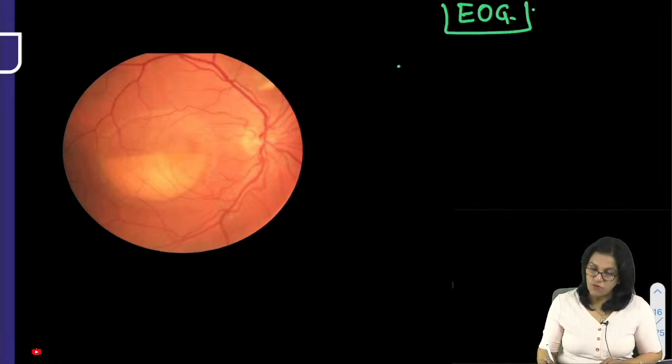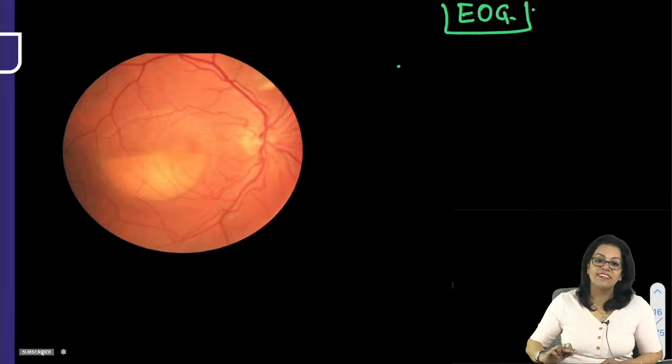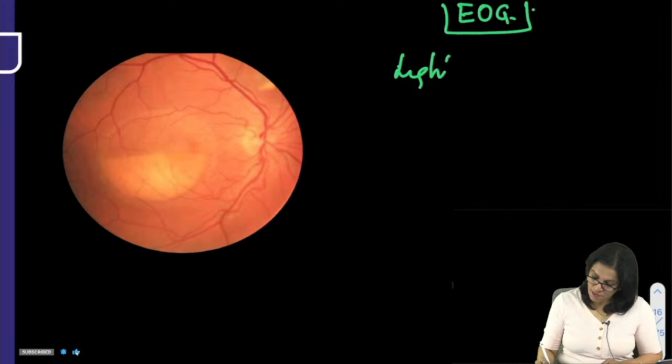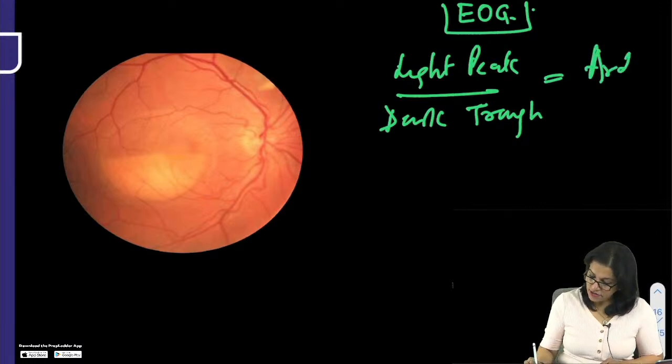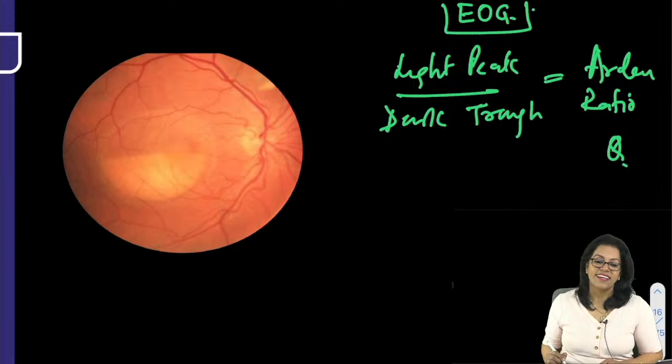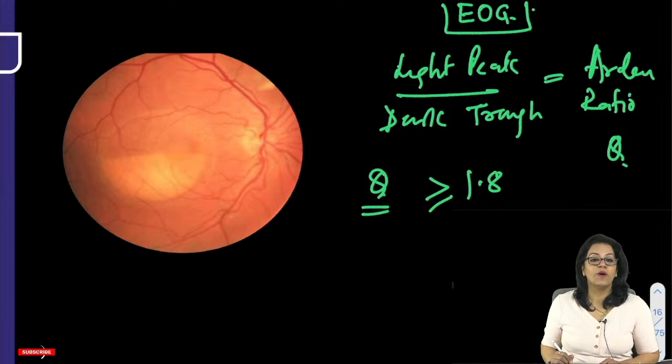What is the maximum potential in the light? What is the minimum in the dark? So light peak upon dark trough, lowest in the dark and highest in the light peak, is called Arden ratio. So this was one question in your exam, what is Arden ratio? Next year they asked you, what is the normal value of Arden? It is more than or equal to 1.8.